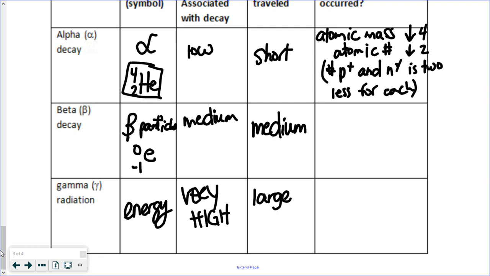Beta decay, your number of protons is 1 more in the products. The atomic mass is the same.